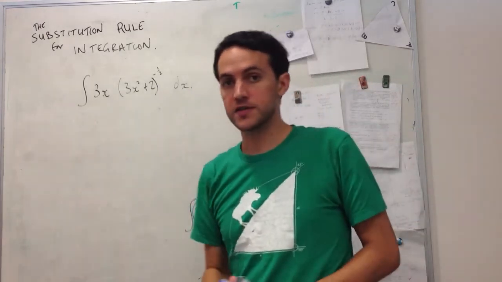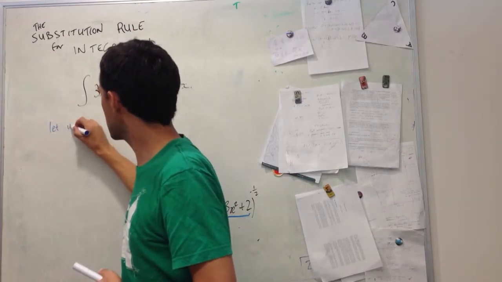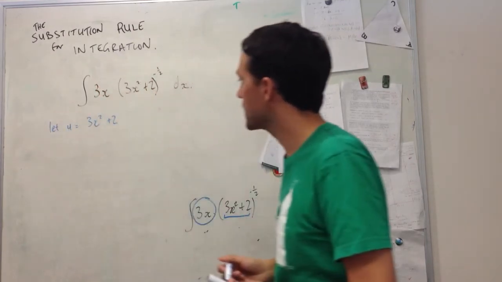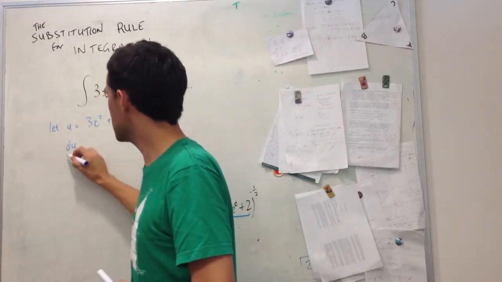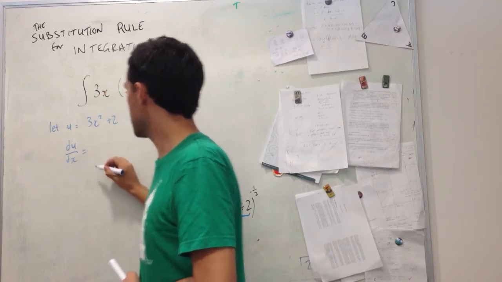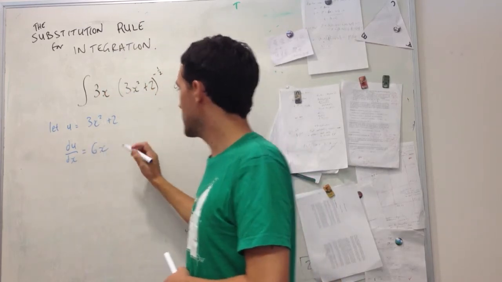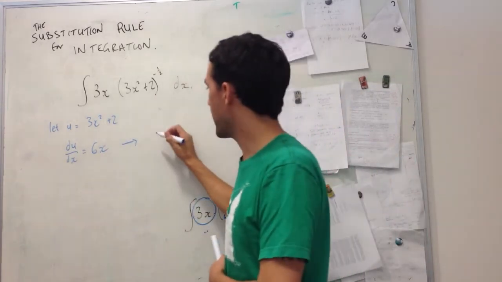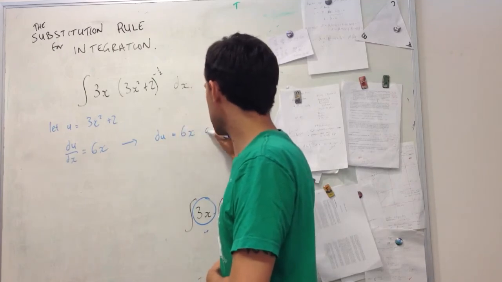Now what I do with substitution is I say let u equal 3x squared plus 2, and therefore du/dx is equal to 6x, which means that I rewrite this so that I have du equals 6x dx.